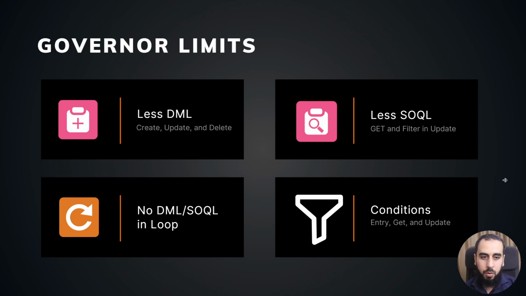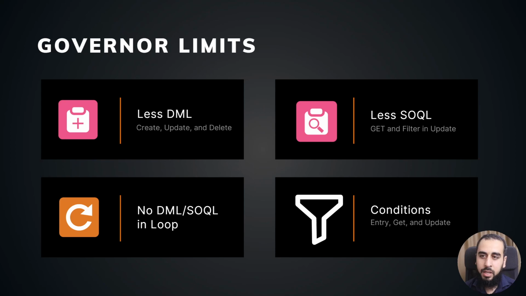One last thing in regards to governor limits is that you need to tighten the conditions as much as possible in entry criteria, in get elements, and in the filters of update elements, because there are governor limits around how many records we return. Take SOQL for example. I think we can return 50,000 records. So if you get all accounts or all contacts in the system, you might get more than 50,000.